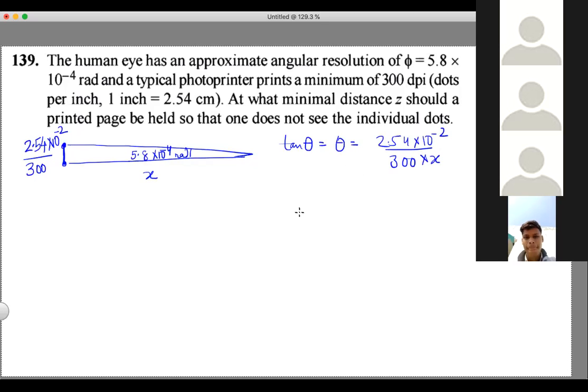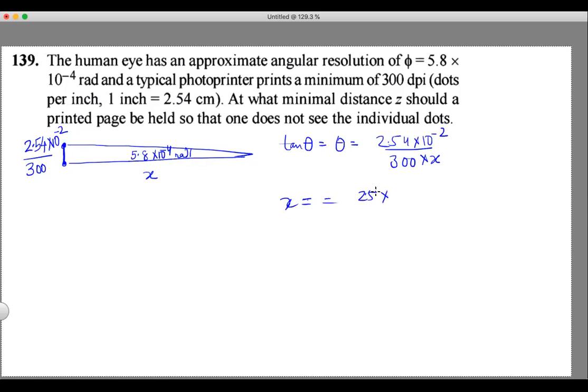Okay, so x is equal to 2.54 into 10 raised to the power minus 2 by 300 into 5.8 into 10 raised to the power minus 4. Right? So let's do that.